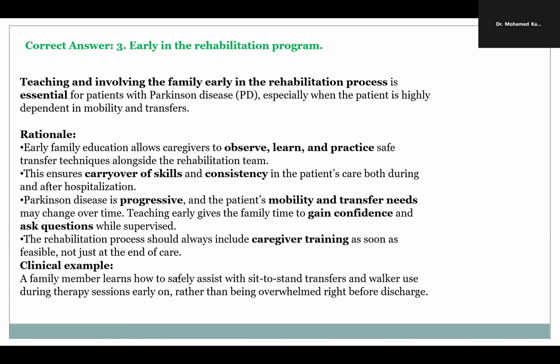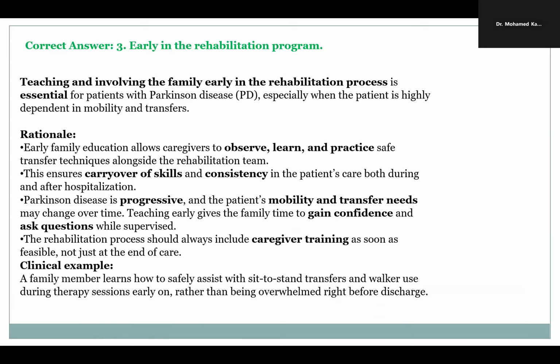A family member learns how to safely assist with sit to stand, one of the most difficult transfer activities for seniors and for people with Parkinson's. And how they can handle walker use on level and unlevel floors and situations.